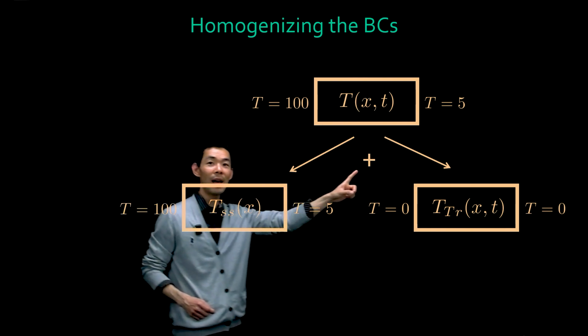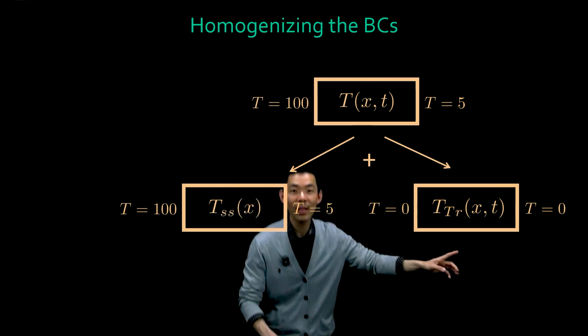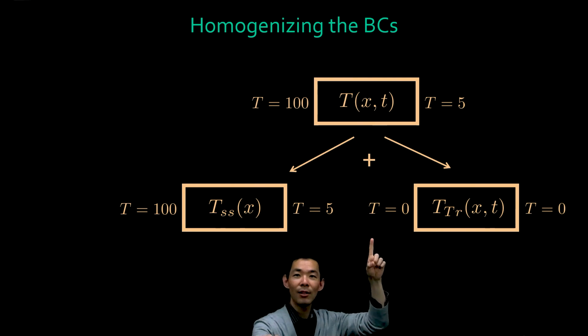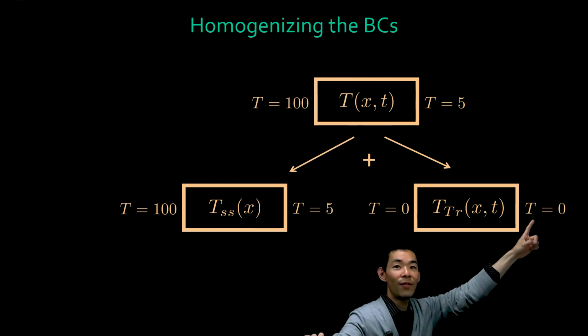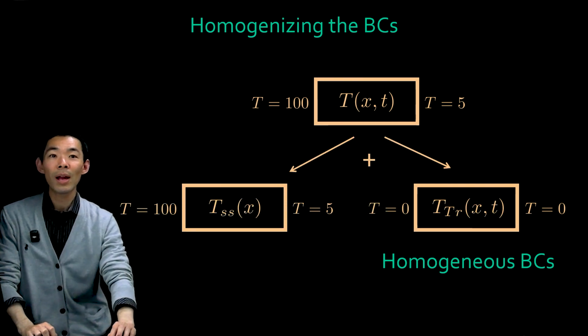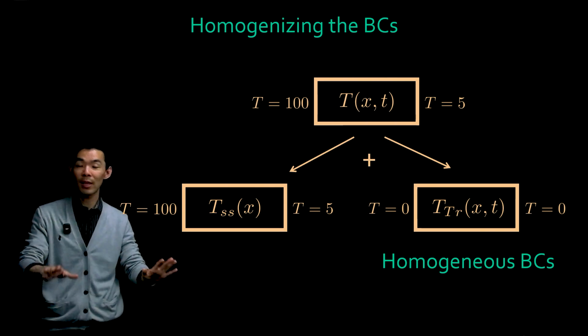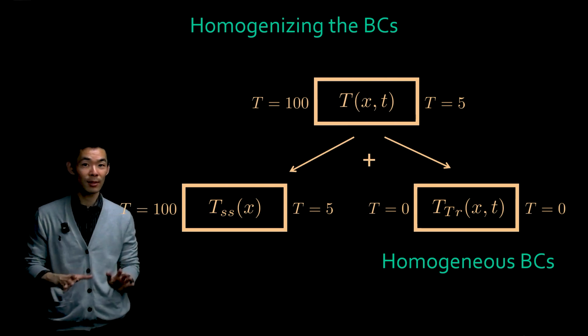You add that to another problem which has the transient part. In this case, you take your temperature value to be T of 0, both on the left and the right. The problem on the right has homogeneous boundary conditions. So far, so good. I think you are all really good at doing this procedure.